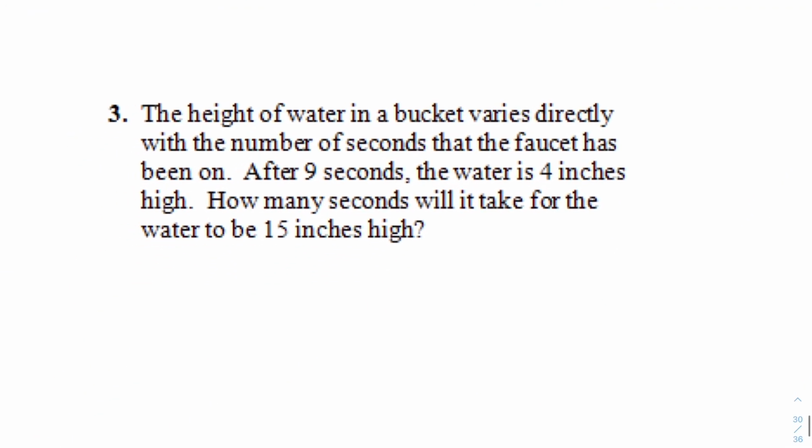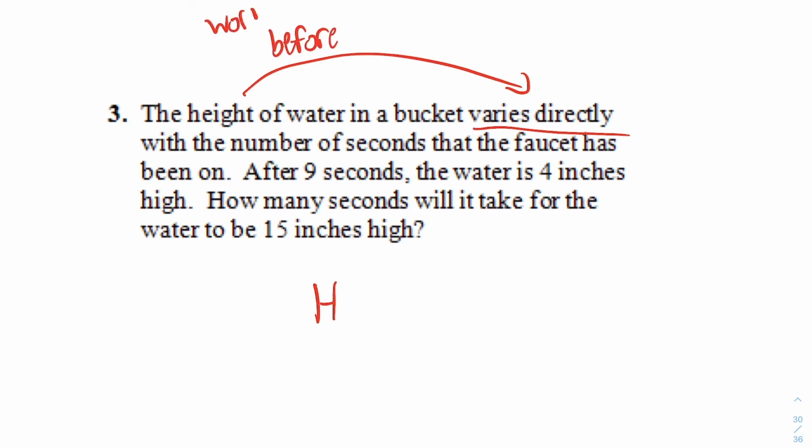Another one. The height of a water bucket varies directly with the number of seconds. We have height, whatever comes before the word varies directly is y. So the height of the water is going to be the y.